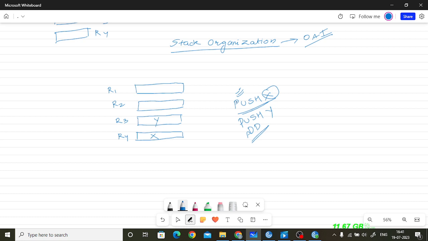Okay, and ADD is the instruction which is related to that. So in giving an ADD instruction, we have not given any address here. Okay, so in the stack organization, the execution of instruction will take place like this.